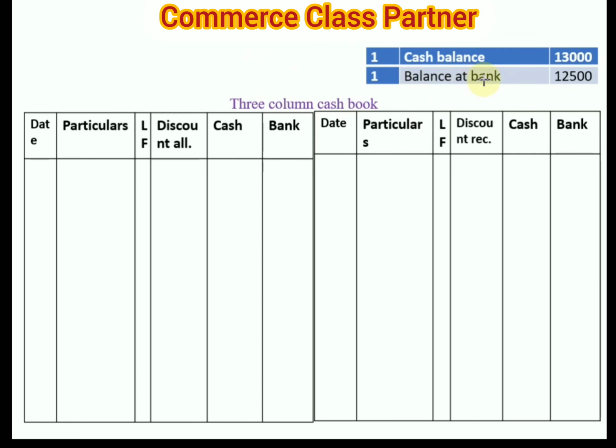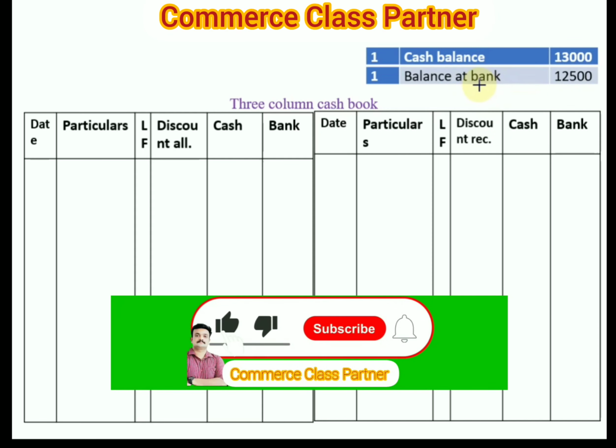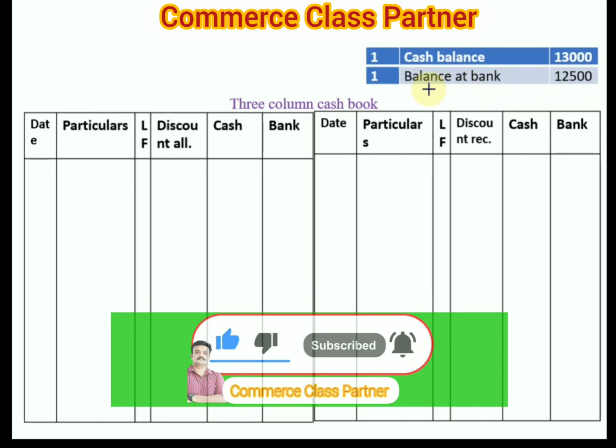But as far as the bank column is concerned, it may have either a debit balance or a credit balance. A bank column with a debit balance means there is a deposit balance, we have cash in the bank. A bank column with a credit balance means we have an overdraft. Overdraft is a situation where we have withdrawn more than what we have deposited in the bank.